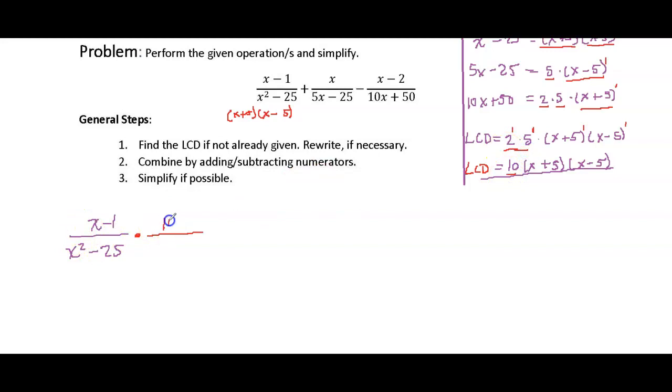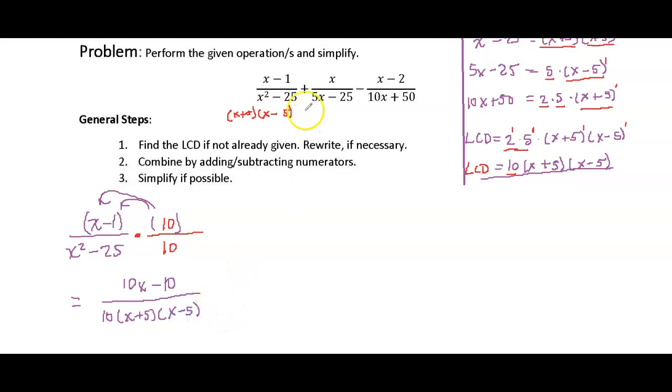So if we multiply the first rational expression by 10 over 10, this will help us get the LCD. I'm going to go ahead and simplify this. So this would be x minus 1 times 10. That could be distributed, giving us 10x minus 10. Remember, this is all over the LCD now, which we could go ahead and write as 10 times x plus 5 times x minus 5.